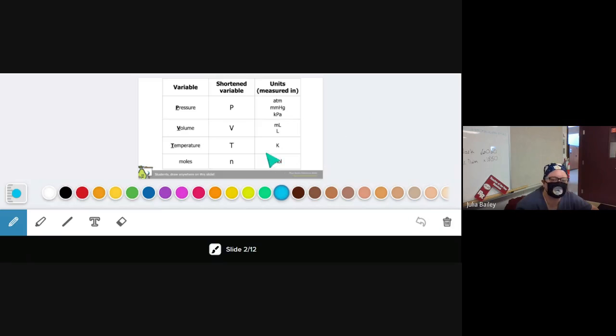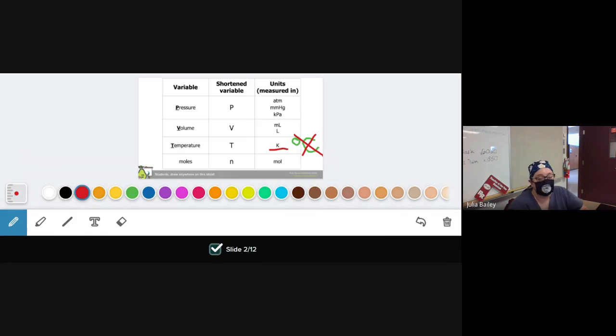And we're using a new unit of temperature, where in the past you've probably pretty exclusively used Celsius in your science class or maybe Fahrenheit. We're not using Celsius anymore. We're using something called Kelvin, which is what's called an absolute zero temperature scale.